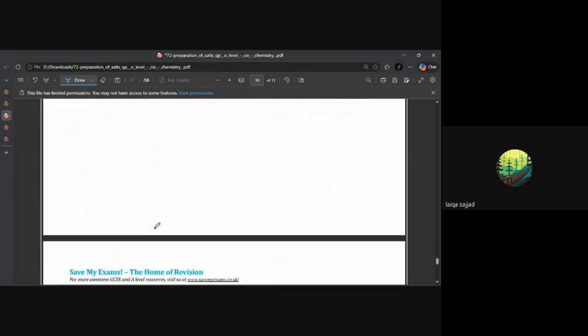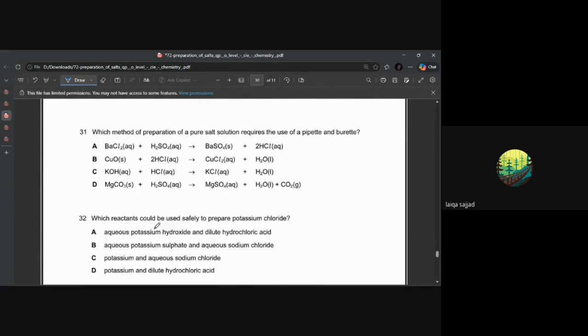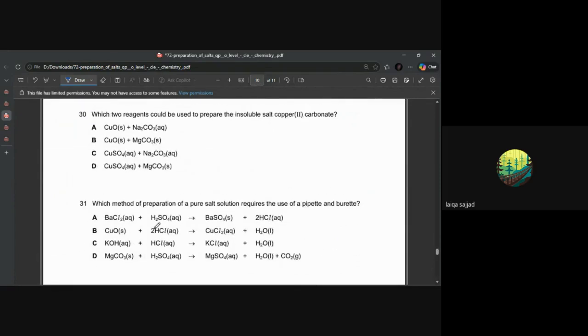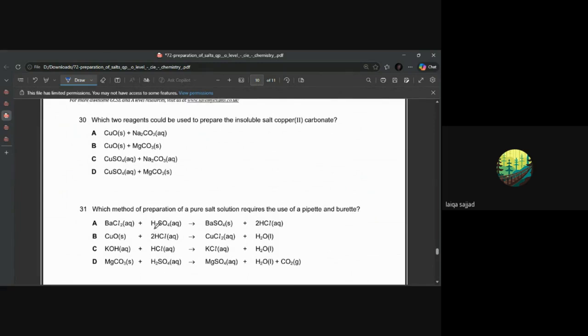Okay, then we are given which two reagents could be used to prepare the insoluble salt copper carbonate. To prepare an insoluble salt, we again need to mix two soluble salts.